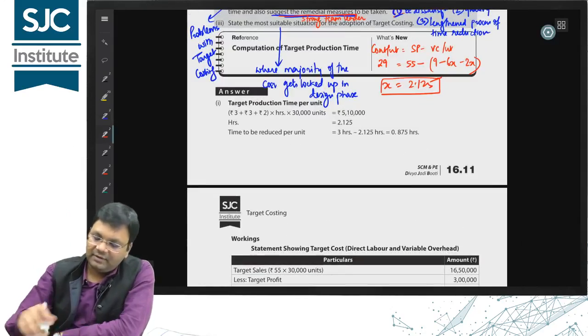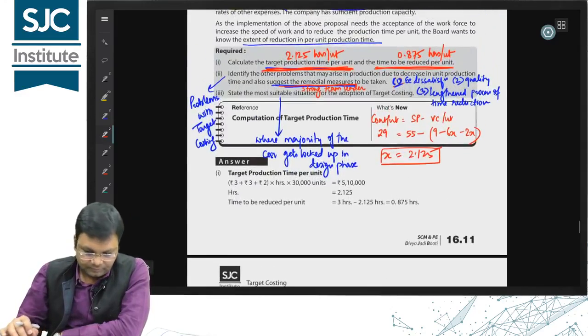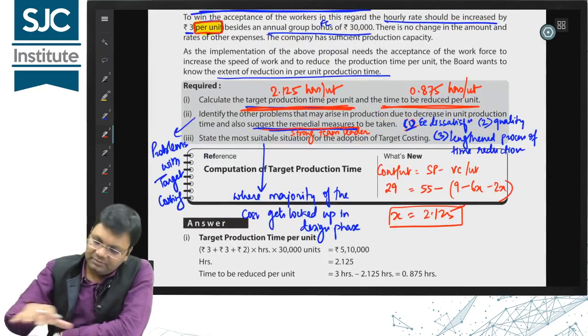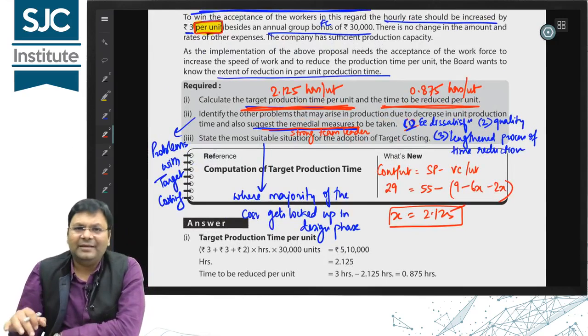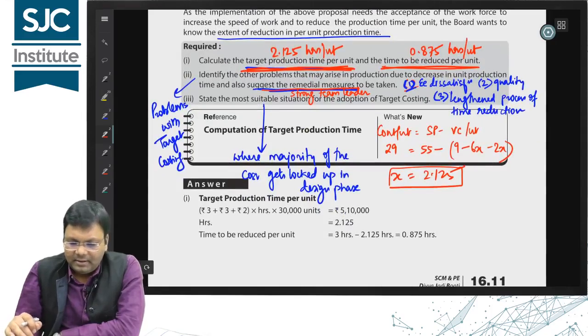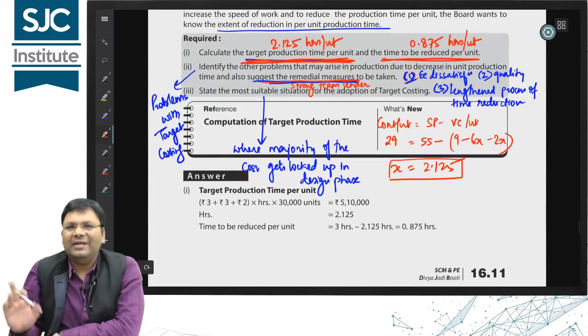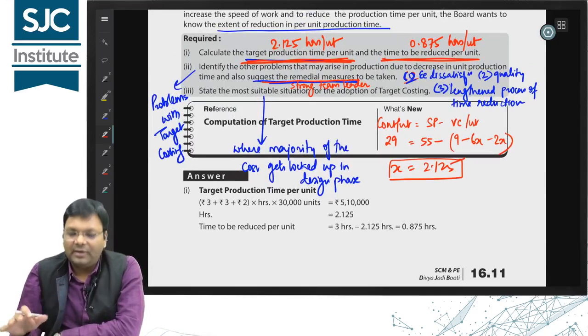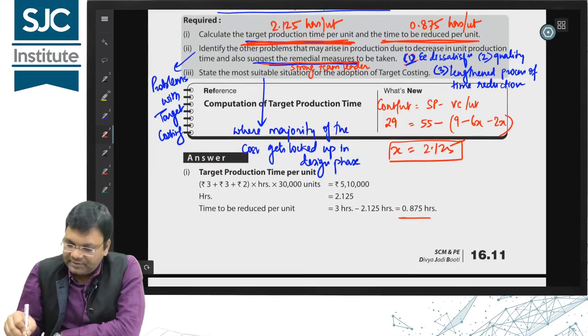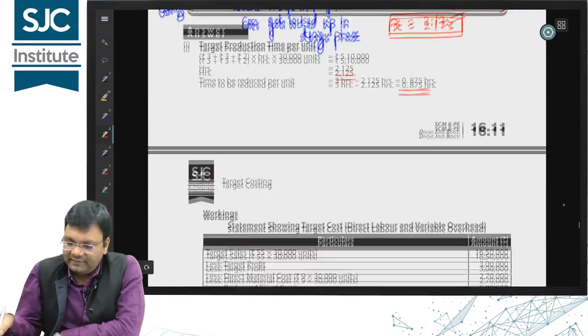So you can refer to this solution also. I have given you the answer in brief here. You should practice it in your copy. There is no such stringent requirement of presentation now. It's just your ability to write. So you see 0.875, 2.125.